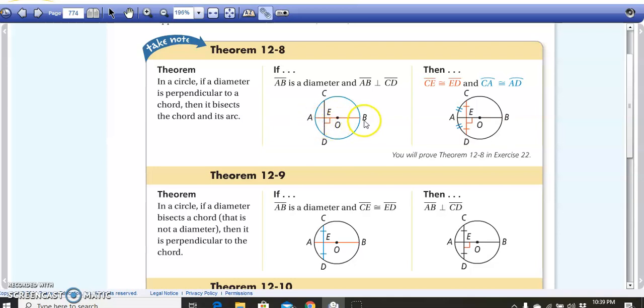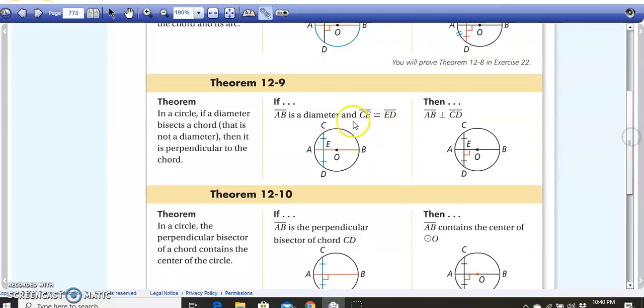And AB is perpendicular to CD, then we know first that the distance from C to this point is congruent with this point to D. Now, CE is congruent with ED, and the arc AC is congruent with AD, and also DB and CB will be congruent.